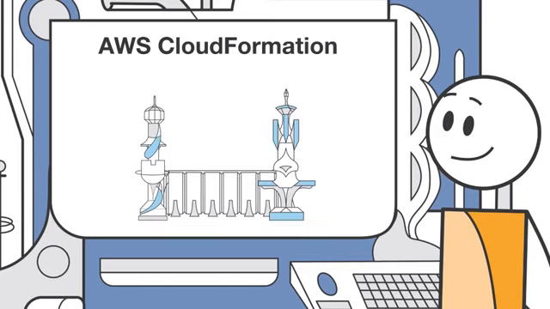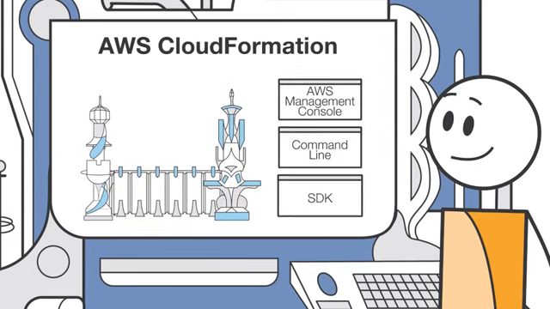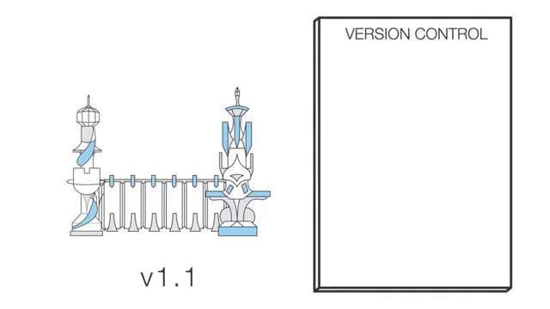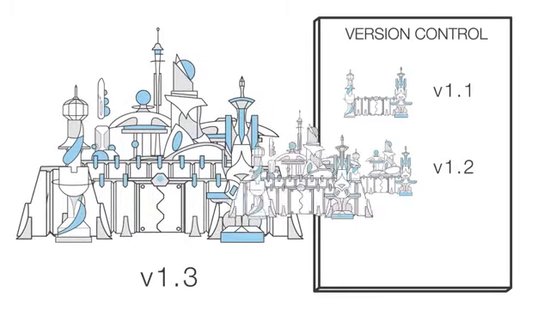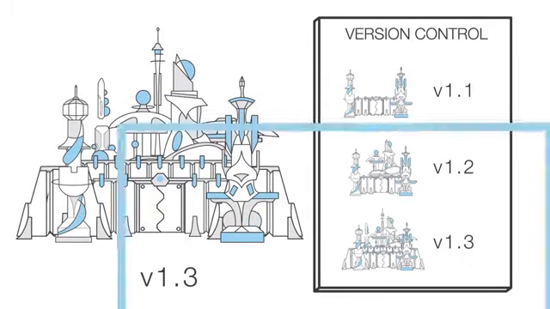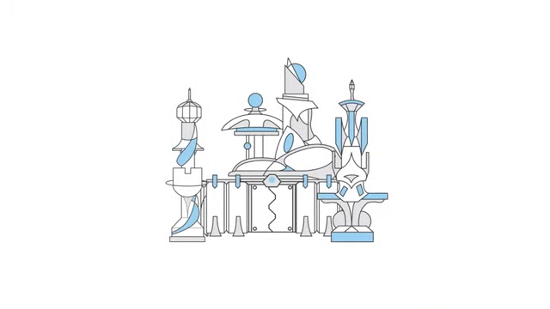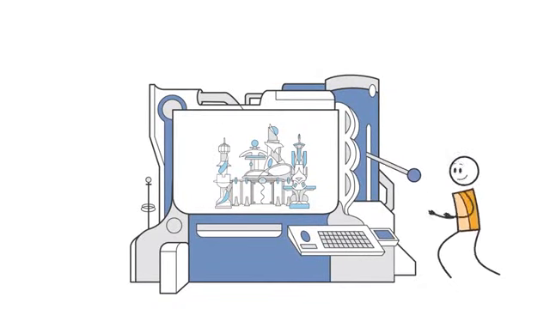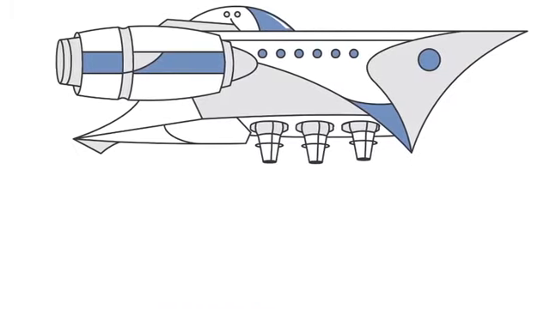You can update your Cloud Formation stack at any time by uploading a modified template through the AWS Management Console, command line, or SDK. You can also check your template into version control so you're able to keep track of all changes made to your infrastructure and application stack. With Cloud Formation, you can version control your infrastructure architecture the same way you would with software code. Provisioning infrastructure is as simple as creating and uploading a template to Cloud Formation. This makes replicating your infrastructure very simple.